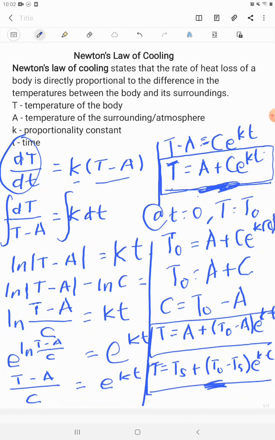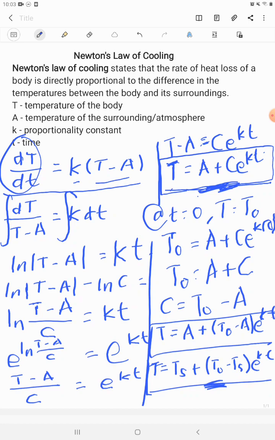Alright, so you do not have to memorize anything. I do not memorize Newton's law of cooling when studying it or solving problems related to it. You simply have to understand the principle, and then from the main principle of Newton's law of cooling, you derive the equation using separation of variables.